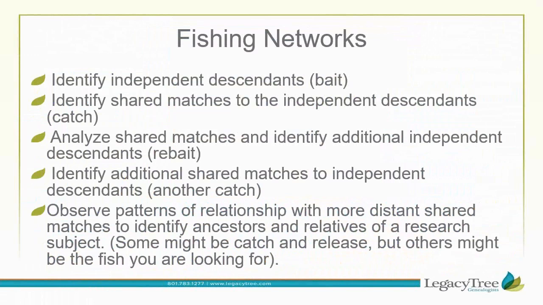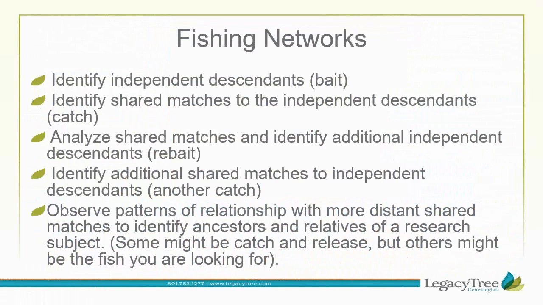And then we identify additional shared matches to those independent descendants, and we get another catch. As we go through this process, it might be that we only do it once, it might be we do it 5 or 6 or 7 times.